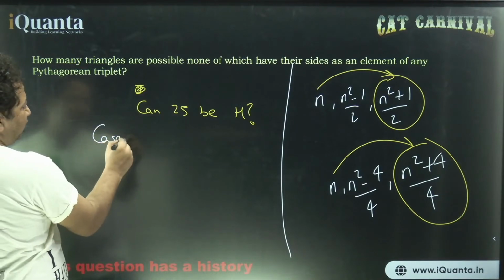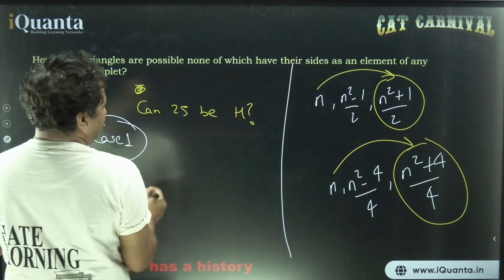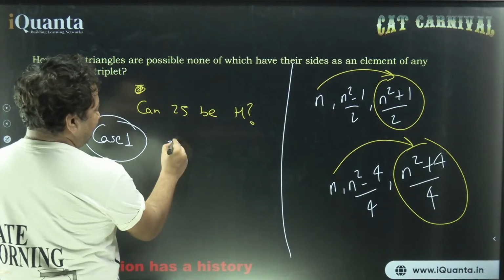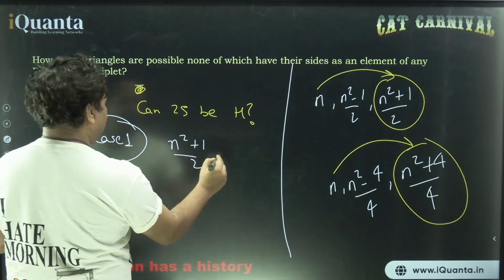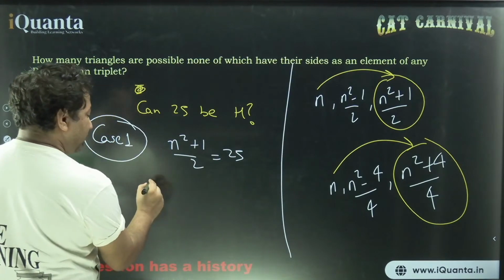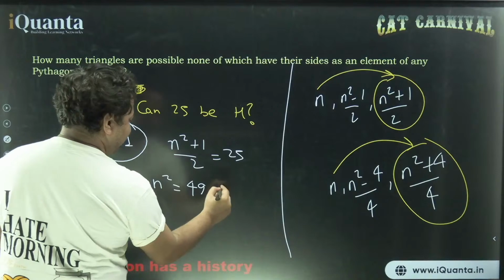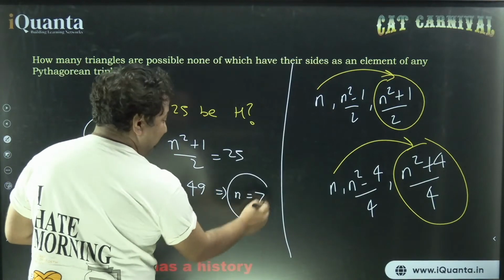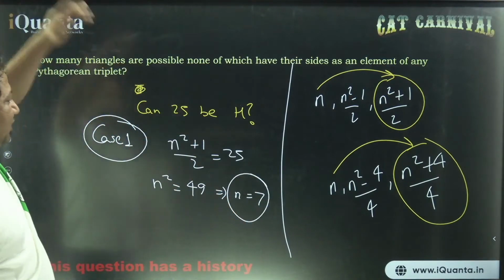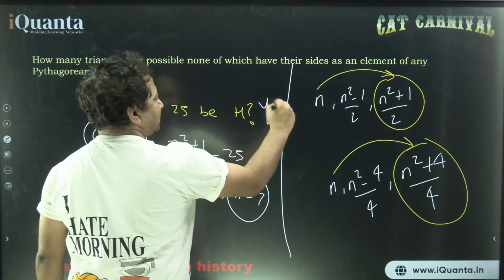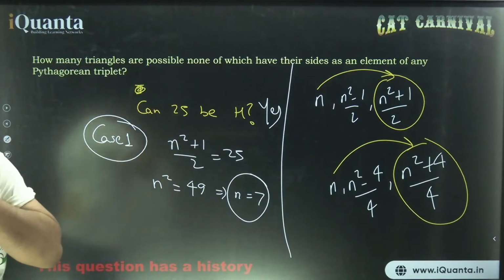Case 1, because I don't know n is odd or even. So if I assume n to be odd, I will equate (n square plus 1)/2 to 25 and then solve for n. क्या मिल जाएगा? 49. So n becomes 7. 7 is a natural number. Okay. So I will say the answer will be yes. 25 can be a hypotenuse.